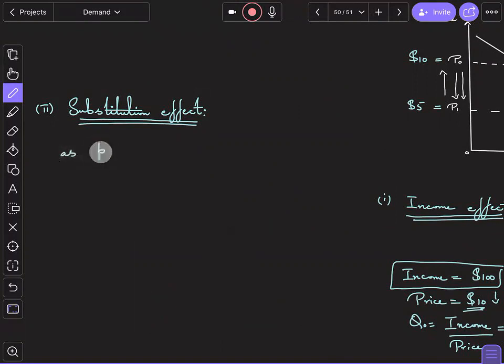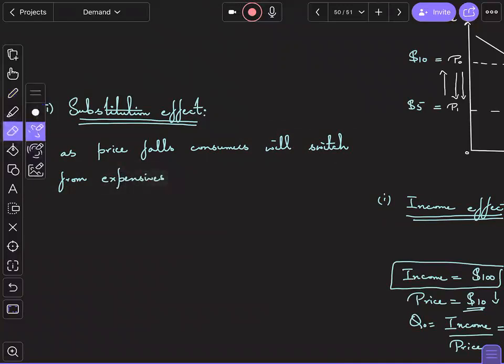As price falls, consumers will switch from expensive alternatives, from expensive substitutes, towards the cheaper good.